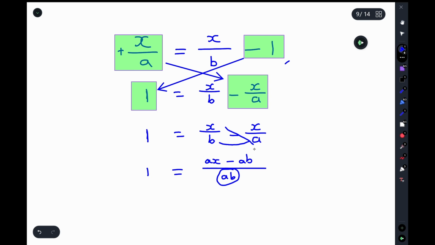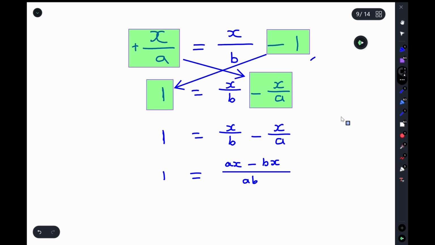A times x gives us ax, x times b gives us bx, negative bx. Now we have this fraction on the right hand side, ax minus bx divided by ab.